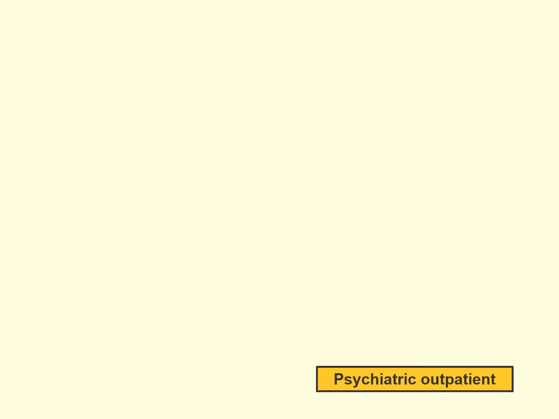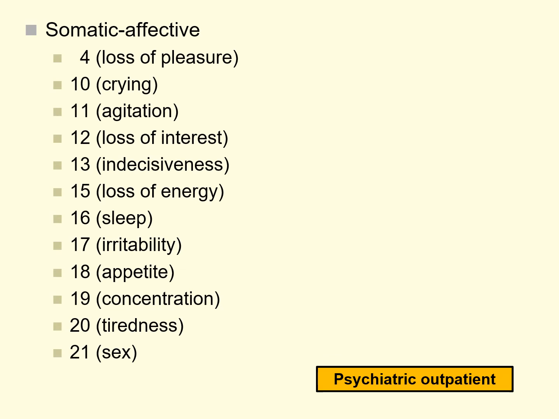If you look in psychiatric populations, you see a slightly different factor solution, which has been called the somatic-affective factor. Here we've got the emotional feeling, the affect of depression, that correlates with, or groups in with, the physical symptoms.